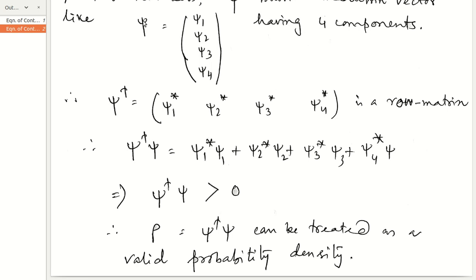Any solution equal to 0 is an acceptable solution, but you will get no physics from that. So having non-zero elements will give you a positive probability density. So we see that the Dirac equation is consistent with the continuity equation and gives us an acceptable probability density. So we complete here.